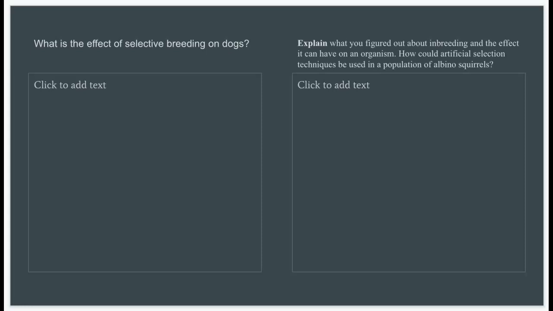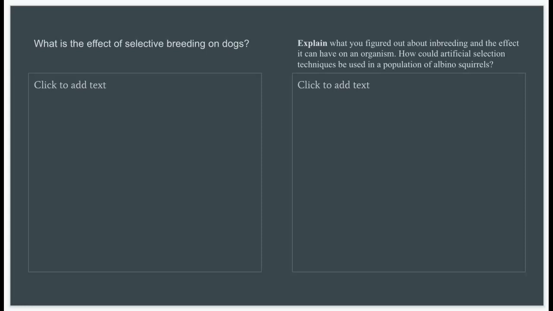Explain what you figured out on inbreeding and the effect that it has on the organism. How could artificial selection be used in a population of albino squirrels? So again, inbreeding is when you breed closely related individuals. Sometimes undesirable characteristics become more common when you do that, and you perpetuate those undesirable traits.